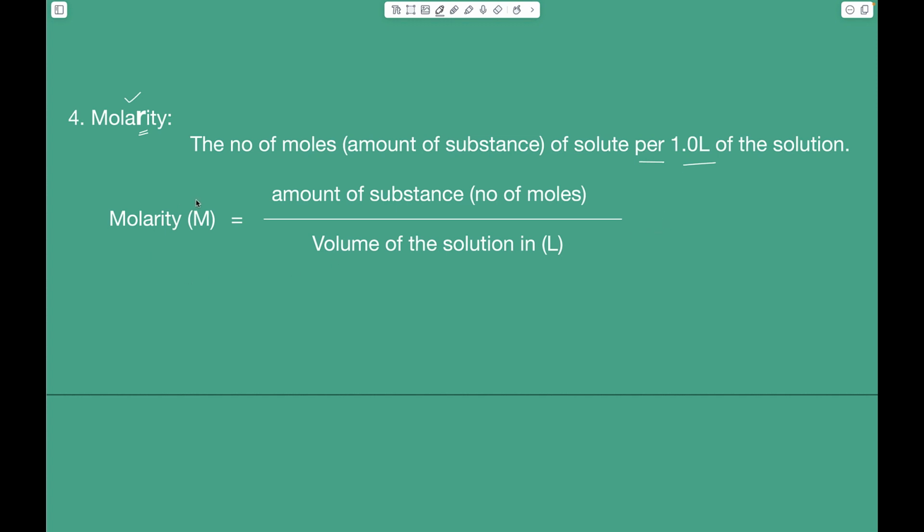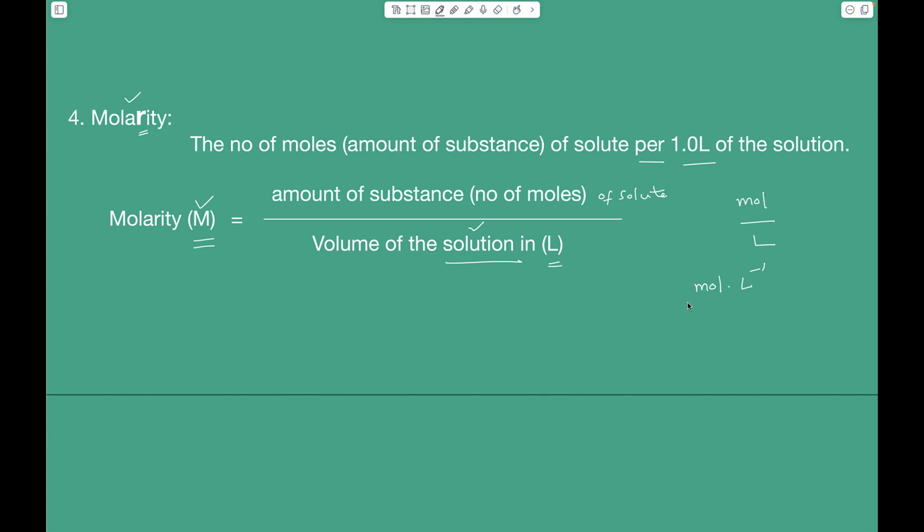And molarity is denoted by the letter capital M, and it is the ratio between the amount of substance of solute, or the number of moles of solute, and the volume of the solution in liters. And you know, amount of substance has the unit mole and volume of the solution has to be in liters. So molarity has the unit mole per liter.